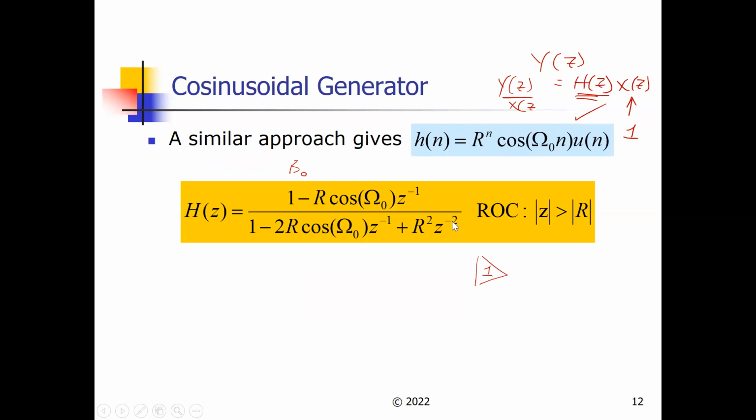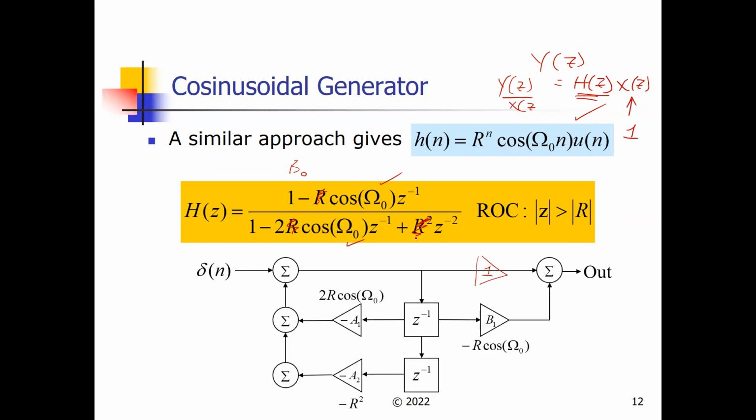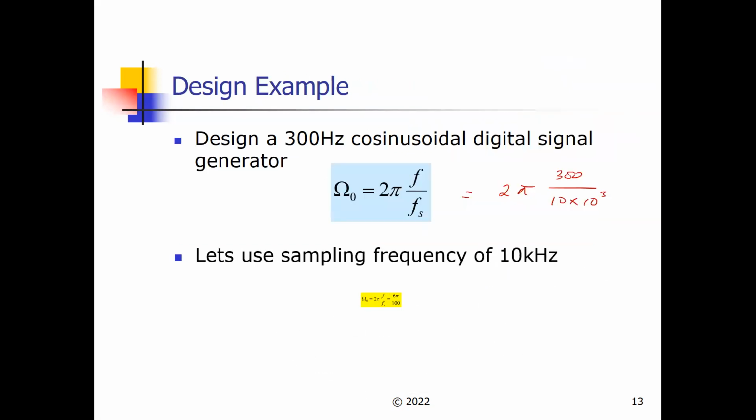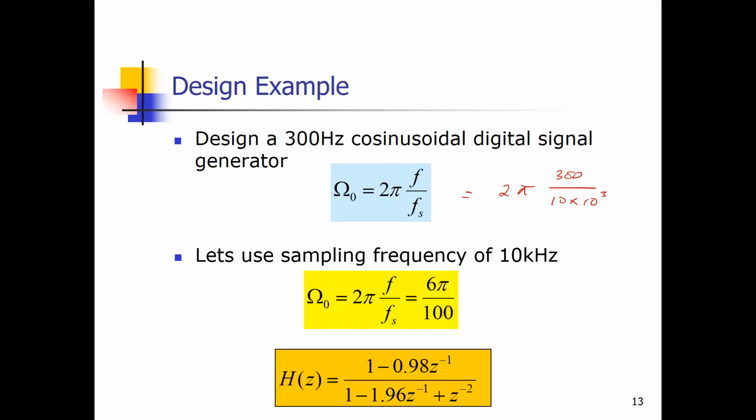So we put in omega 0 here. If it's a cosinusoidal, not decaying, R is 1. So R would be 1 here, and this is 1, 2 under Z squared here. Once you do that, you're supposed to get this transfer function.